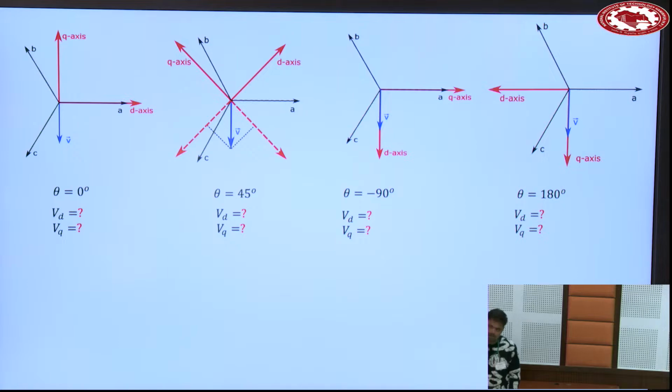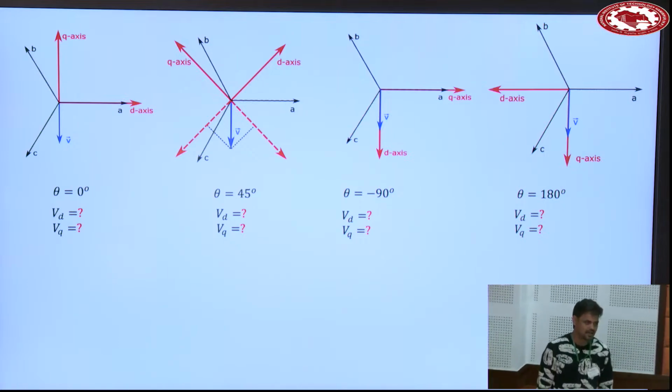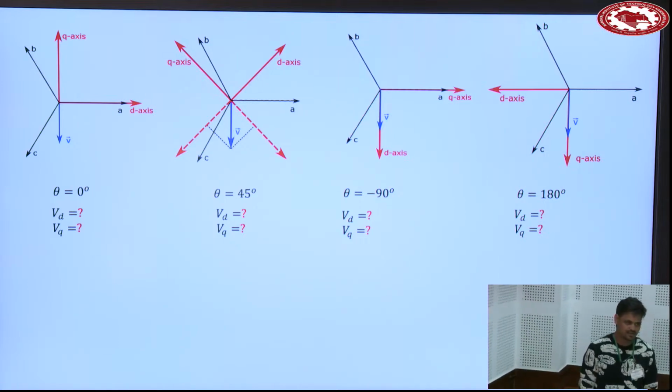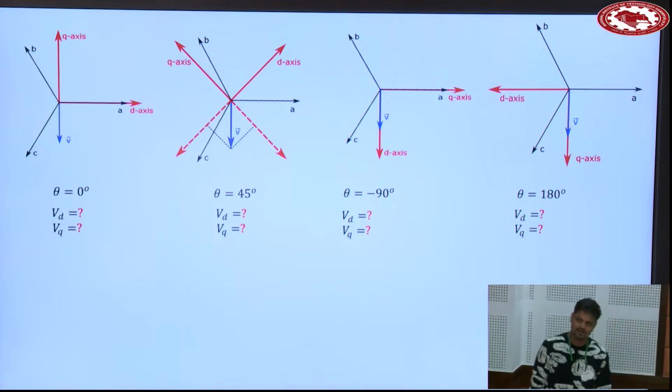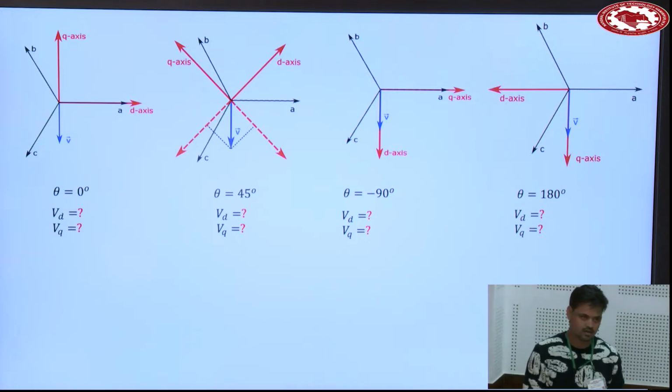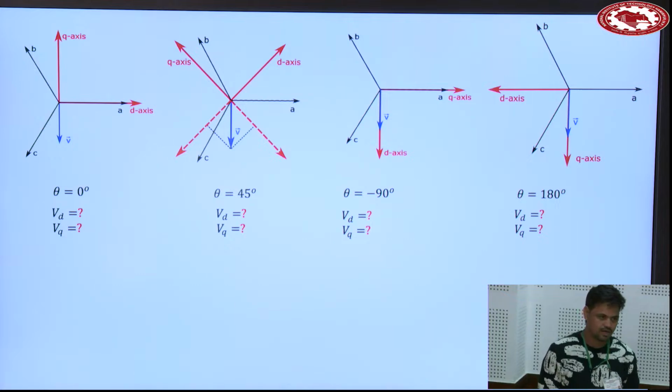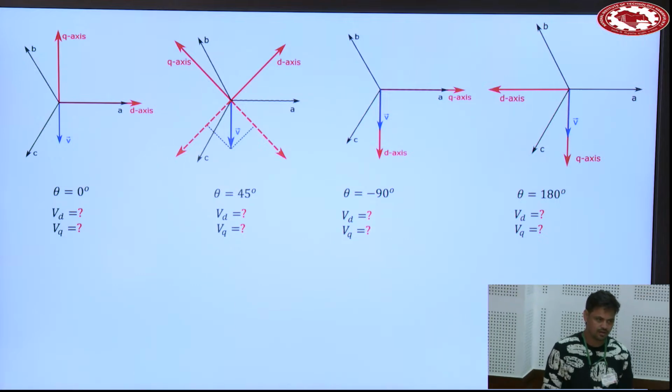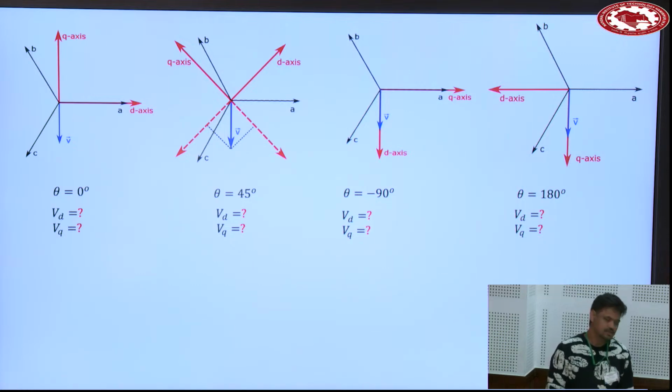You know that at t equal to 0, the position of the space vector is 90 degrees behind the phase axis. What will be the VD component and VQ component? VD will be 0 and VQ will be minus of that peak. Agree?